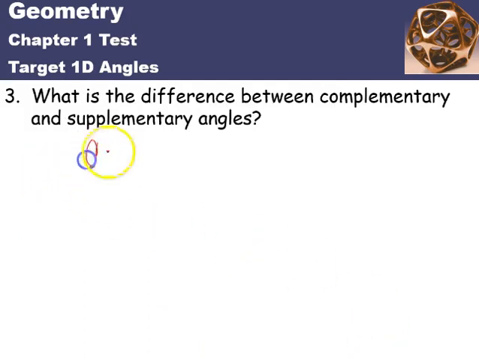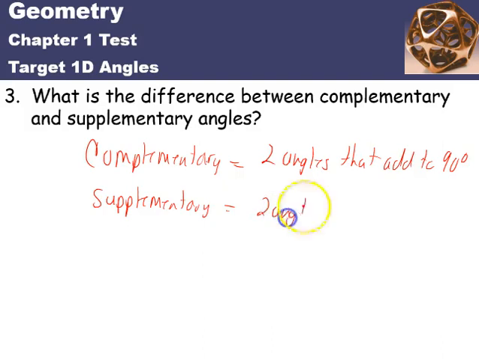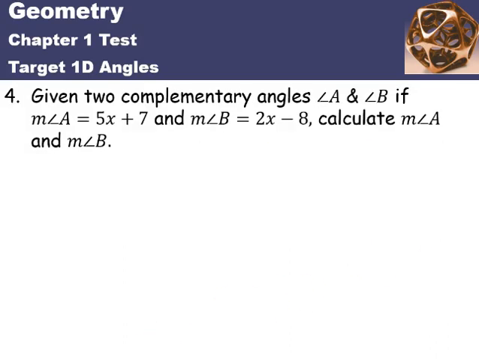So complementary are two angles that add to 90 degrees, and supplementary is two angles that add to 180. So that's the difference between complementary and supplementary.